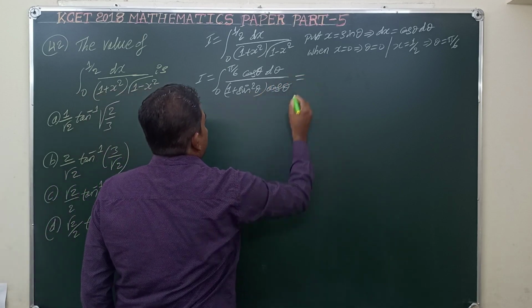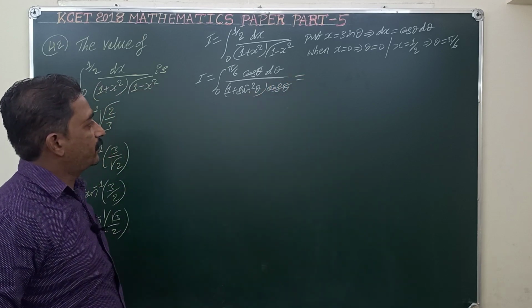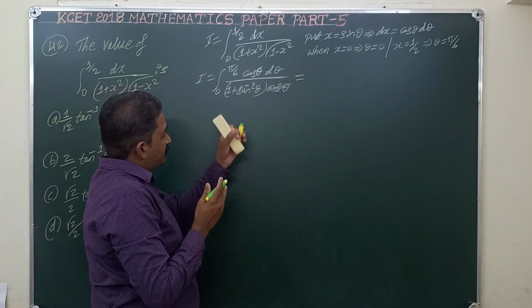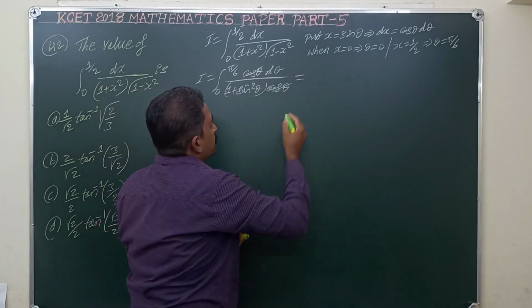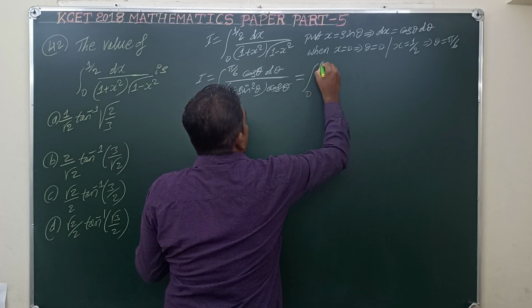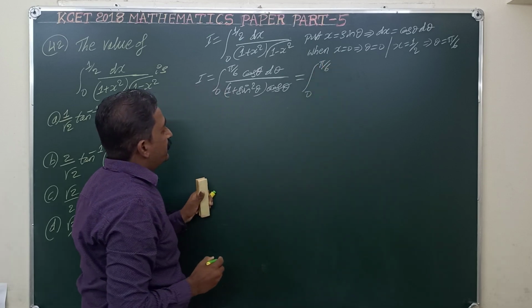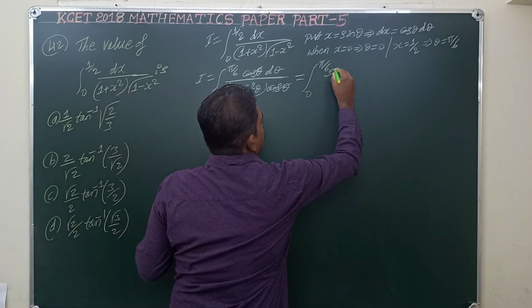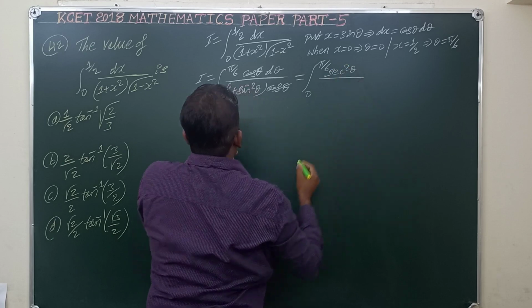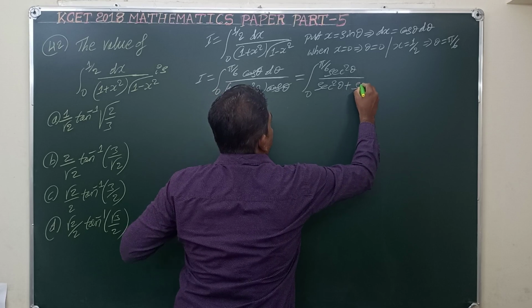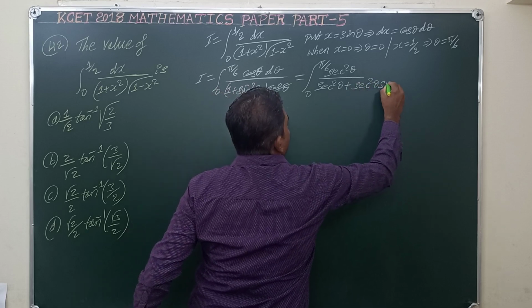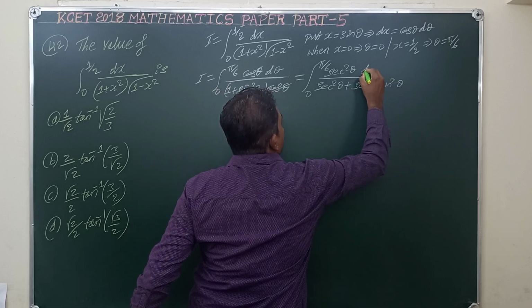Here in this case we need to multiply both numerator and denominator by secant square theta, because once again this is an unknown integrand, to convert it into a known integrand. We multiply both numerator and denominator by secant square theta, giving secant square theta divided by secant square theta plus secant square theta into sin square theta, d theta.